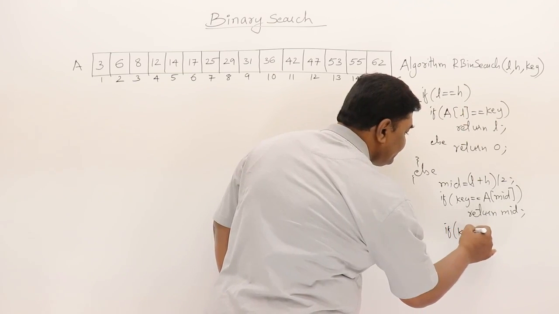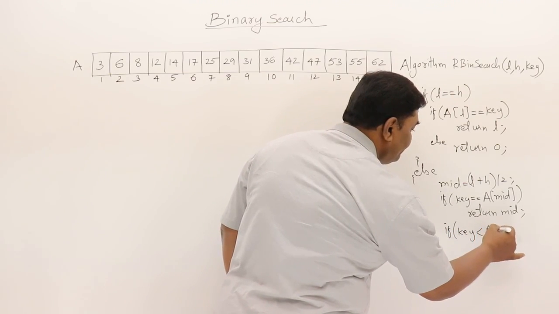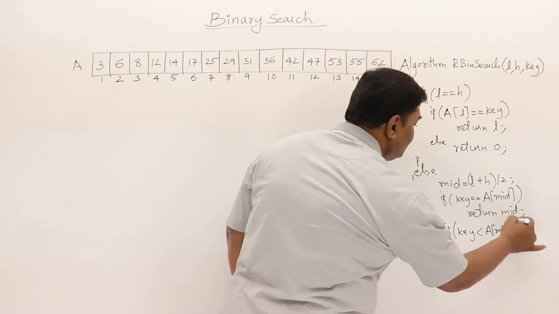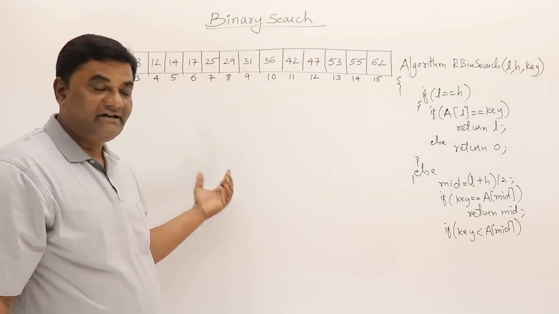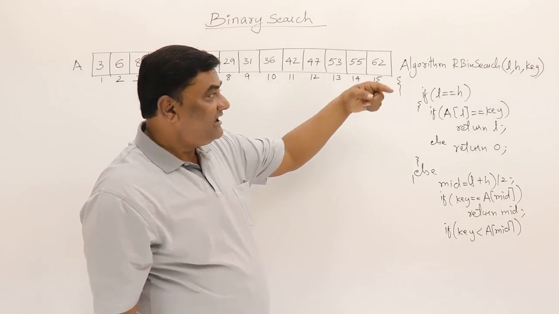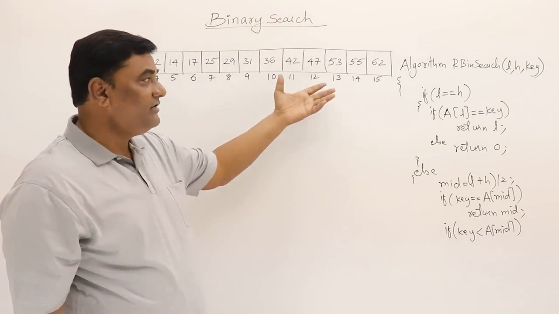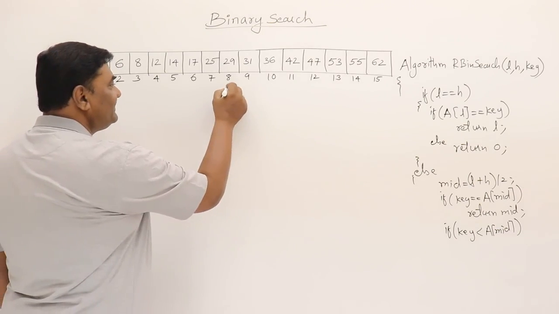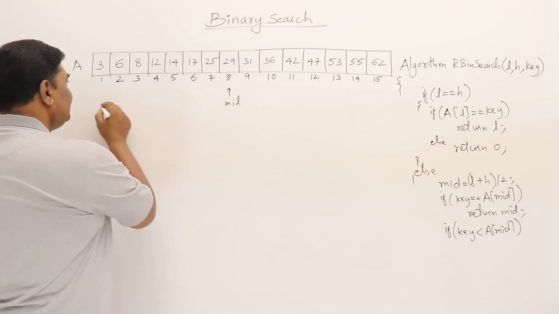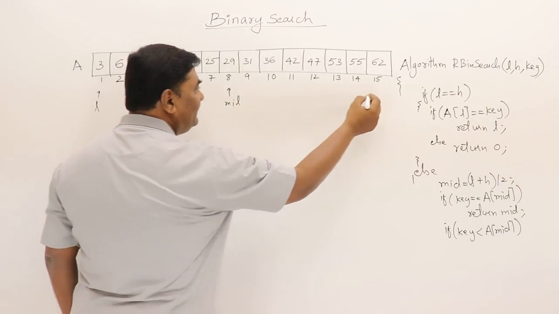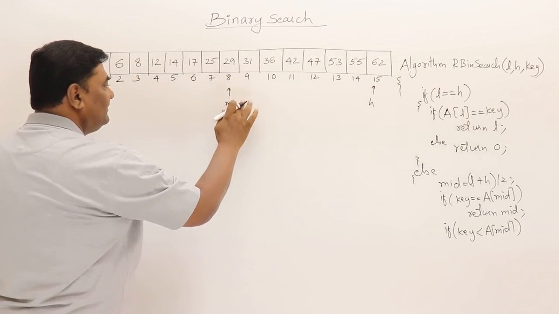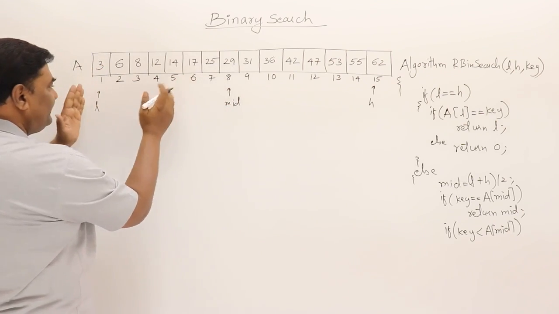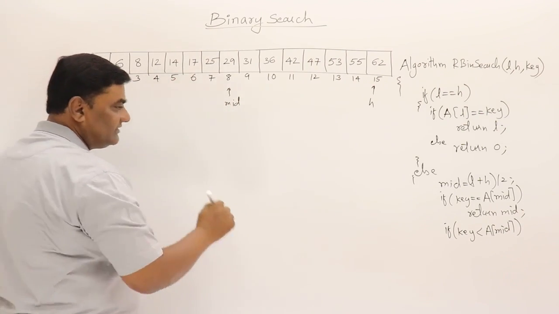If key is less than A of mid, then if it is smaller, it is on the left hand side, so we perform binary search recursively on the left hand side. See, for this example, this will be mid, this is low and this is high, so we perform binary search recursively on the left hand side, that is low to mid minus 1.